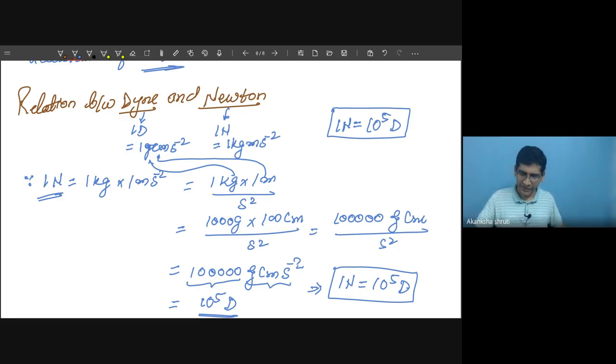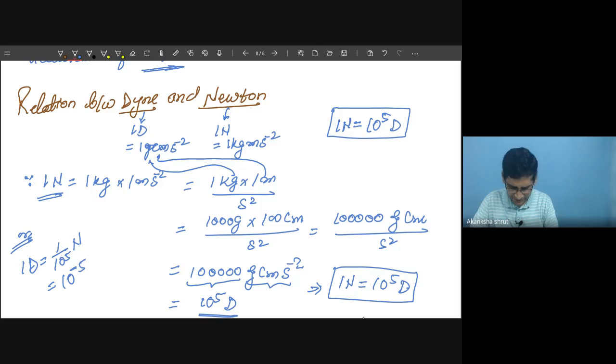But this is asked directly in your MCQs. So 1 Newton is equal to how much dyne, or 1 Newton is equal to how much gram centimeter per second square? It is 10 to the power 5. Okay, student, this we have to keep in mind. Or the reverse is also true. 1 dyne will be how much? 1 by 10 to the power 5 Newton.